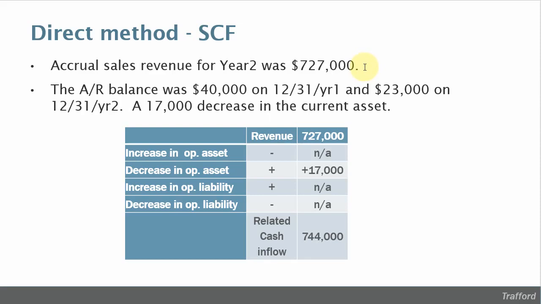Accounts receivable went from 40,000 at the beginning of the year to 23,000 at the end of the year. So this operating asset type account had a $17,000 decrease. What the little guide is trying to tell you is to use this guide.